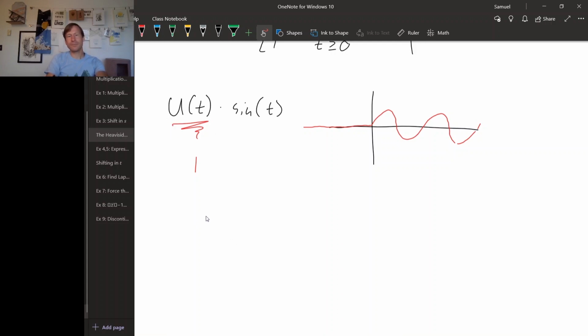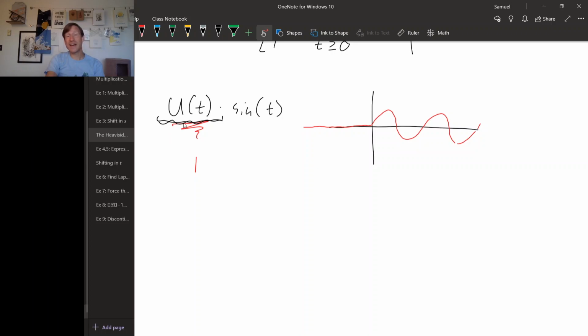So if we're going to do a shift in the t world, we have to multiply by a step function just to have some hope of the Laplace transform acting in a way that is at all predictable. So when we go to calculate the Laplace transform, we'll expect there to be a step function here.